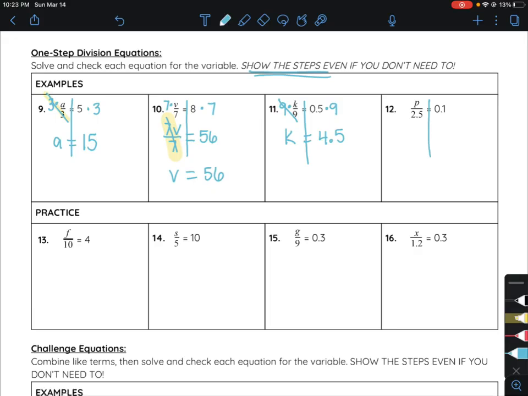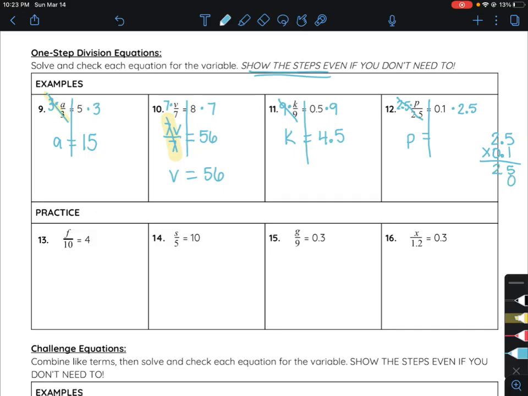And number 12, draw your line down. This time the P is being divided by 2.5. Multiply by 2.5 on both sides. 2.5 times P, then divided by 2.5, those are going to make a 1 because we did the exact same thing but inverse operations. 1P is just P, and now when we multiply this, we can always show our work off to the side here.